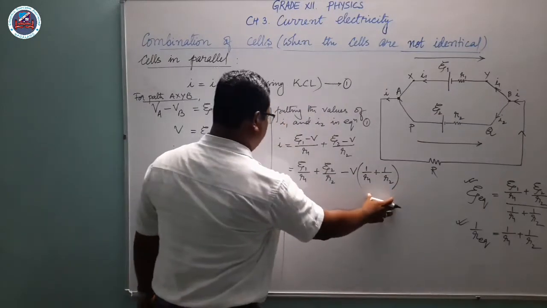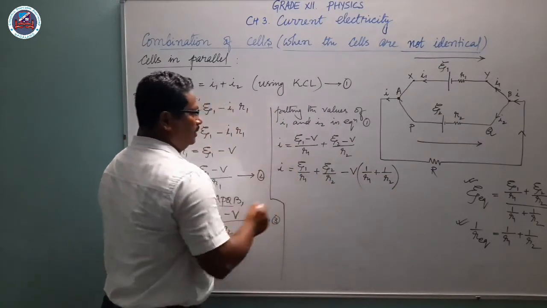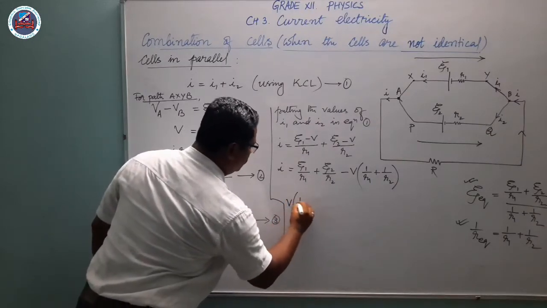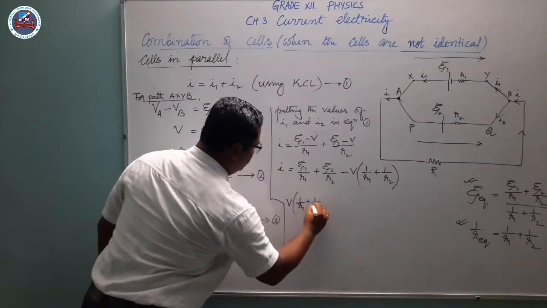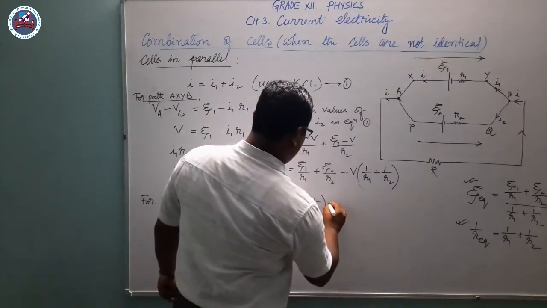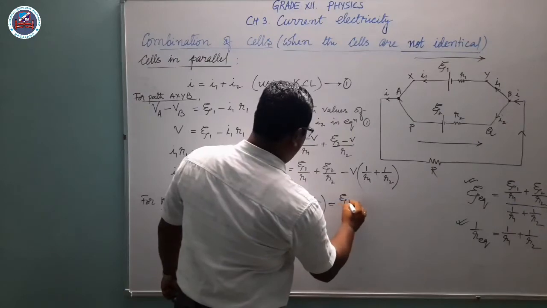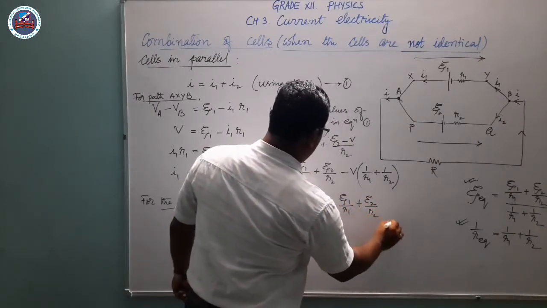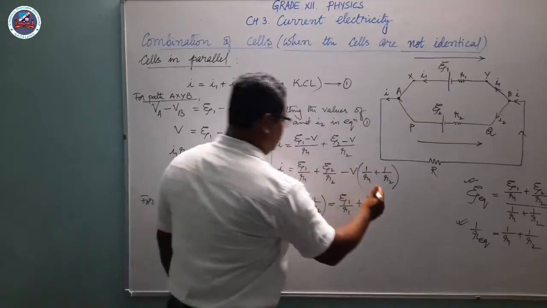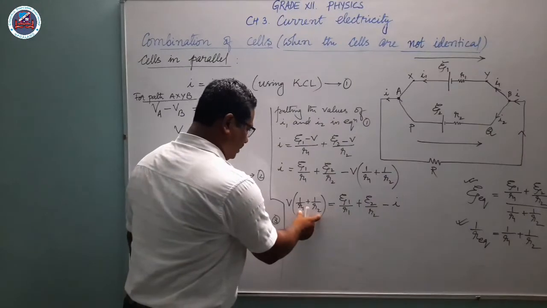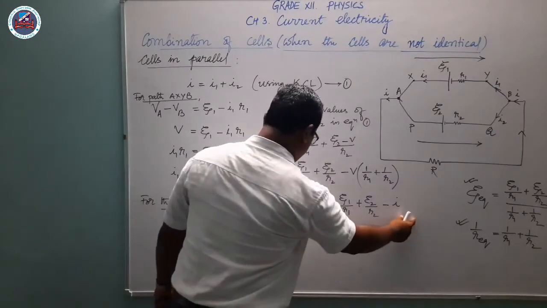Now this term, if I bring it this side, this is I. The minus term, if I bring it towards my left, will be V into 1 by R1 plus 1 by R2 equal to epsilon 1 by R1 plus epsilon 2 by R2, and I will become minus I. Now this term as a whole I will bring down for both the terms.